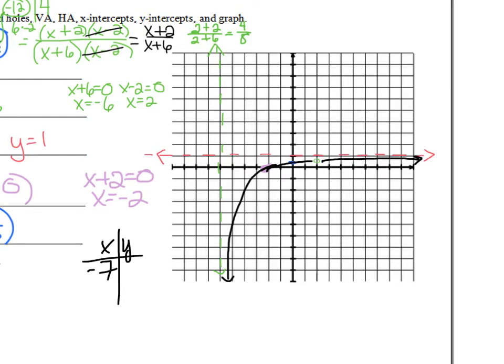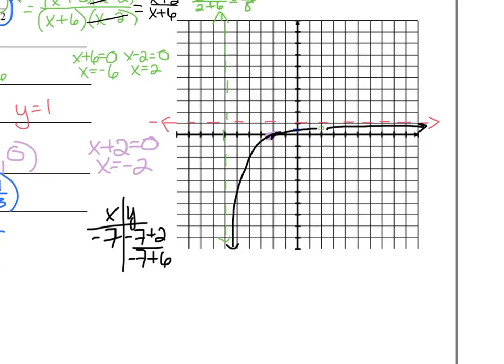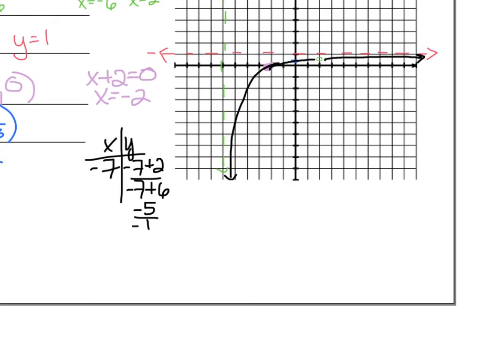And we take that -7 and we plug it back into here to figure out what the y value would be. So it's going to be -7 plus 2 over -7 plus 6. -7 plus 2 is -5. -7 plus 6 would be -1. 2 negatives would make a positive.